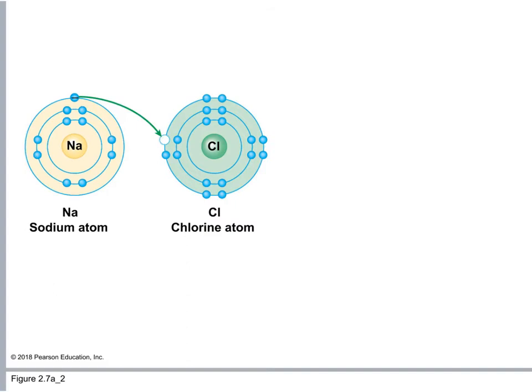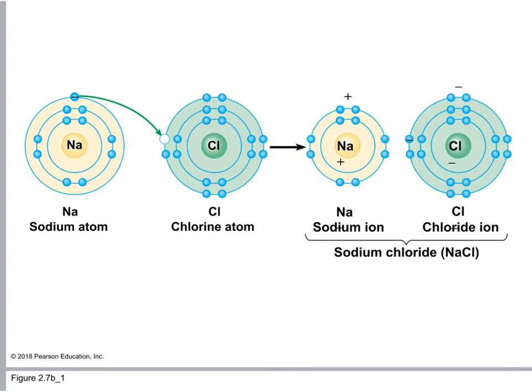Then if sodium loses that electron, it can drop that outer valence ring, and it only has the first 2 rings with 2 and then 8. So then it's stable and happy. In other words, that's how we get table salt, sodium chloride, NaCl, because both of them are bonded together and make one another stable and happy, and that's an ionic bond.